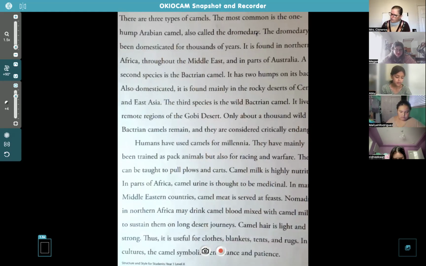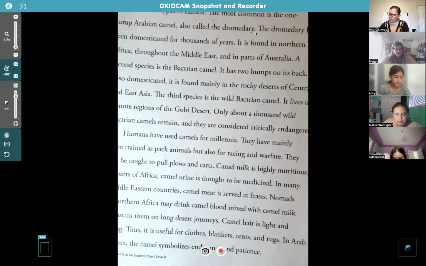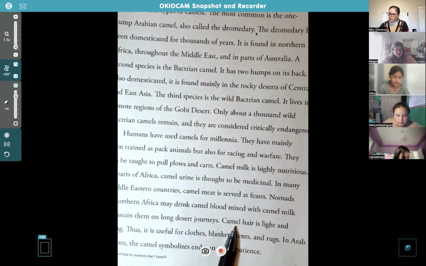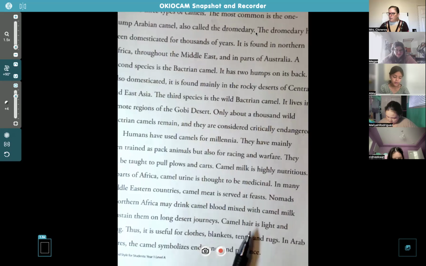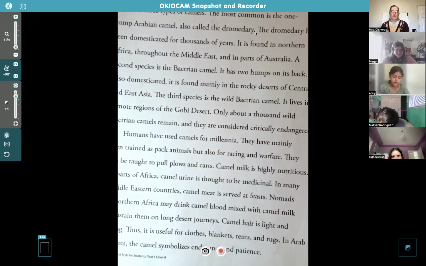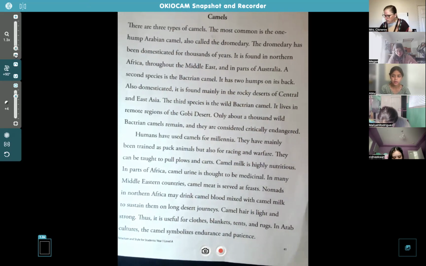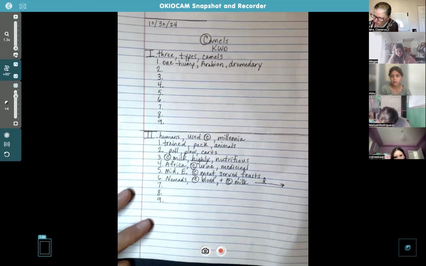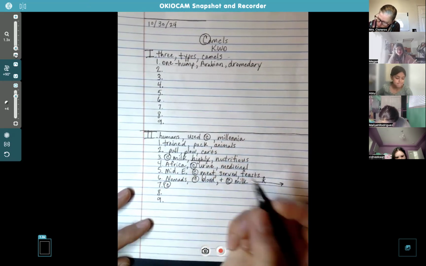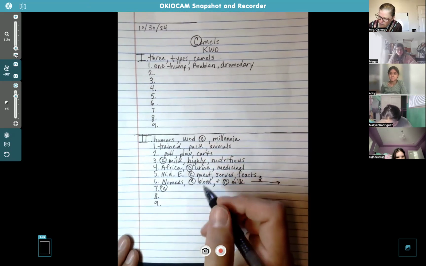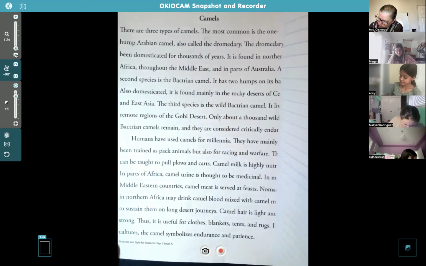Okay, good. So you're going to do this one where it says camel hair is light and strong. So what can we put for that? Camel hair is light and strong. I would say C for camel. I like that. Okay, C for camel. Light. Well, what are we talking about though?